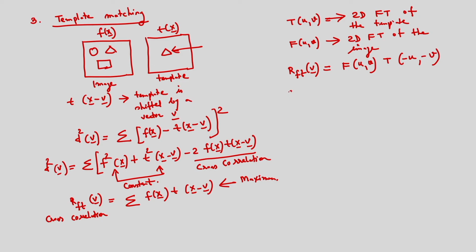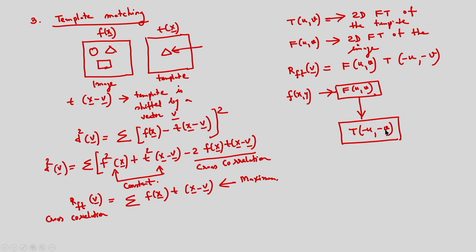Now what will be the block diagram for this template matching? So my input image is f(x,y). I can determine the 2D Fourier transform of this image, F(u,v). This F(u,v) is multiplied with the template T(-u,-v), and from this I can determine the cross correlation R_FT(u,v).